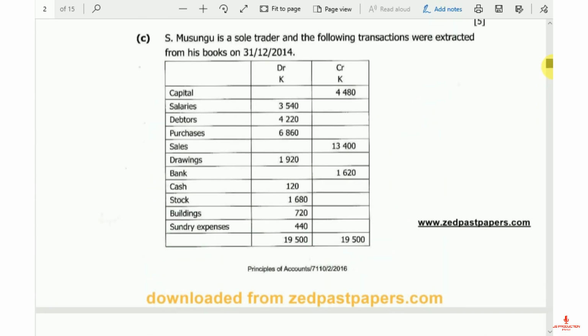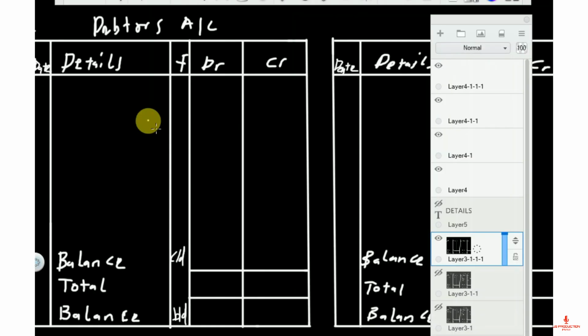We have something there, debtors amounting to 4,220. So we're going to write down our debtors account, and the balance we have been given as 4,220, and one of the debtors for the sole trader paid out, and his name was S Simba.